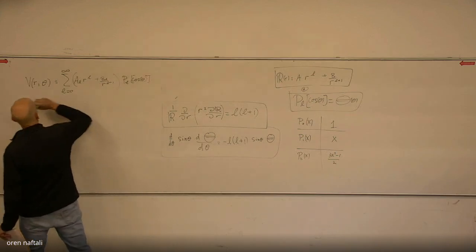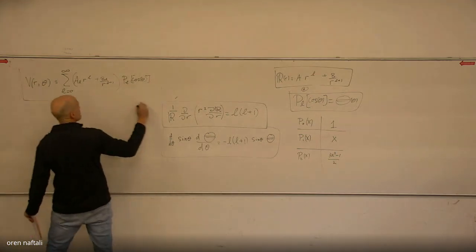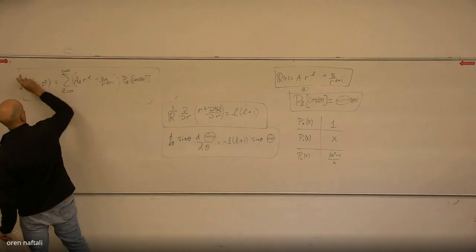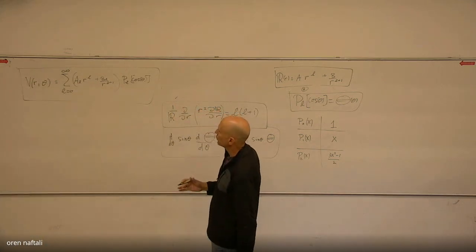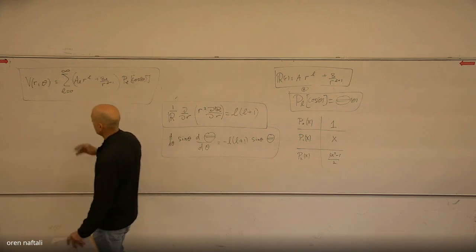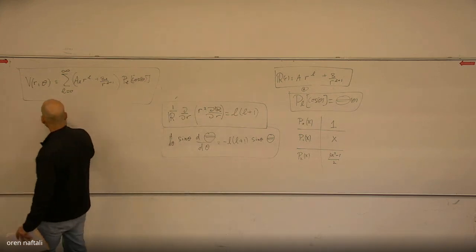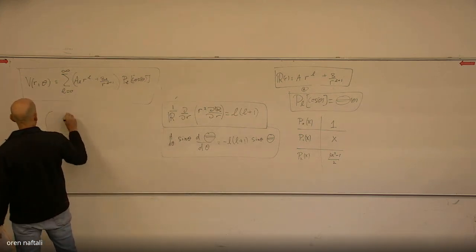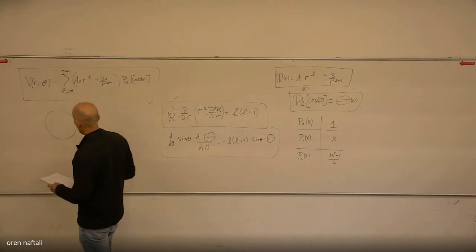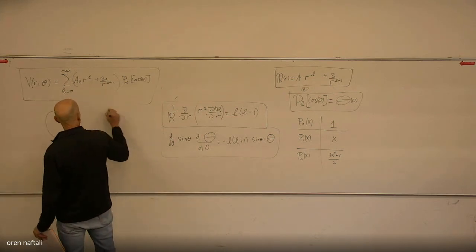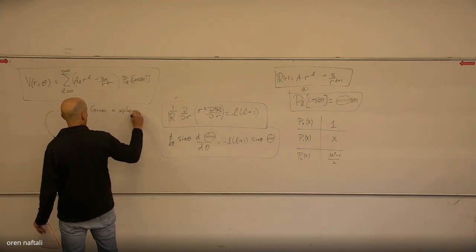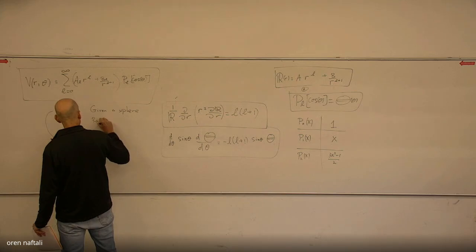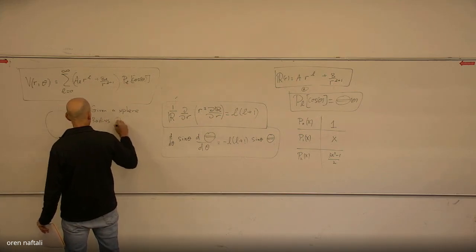And essentially, we're nearly done because we need to define what are these A_L and what are these B_L. So the way we do it, let's do one example, but it will be very general in my opinion. We look at a sphere, given a sphere, radius of the sphere is going to be R. This is a real sphere.